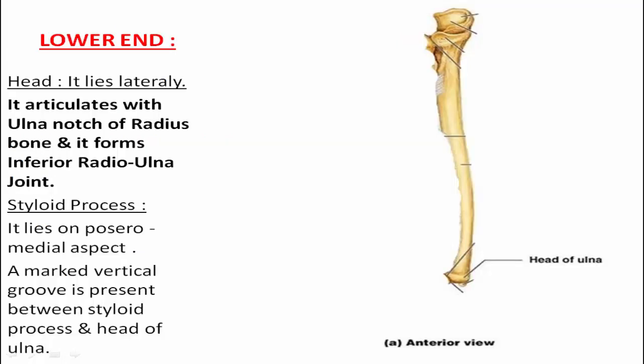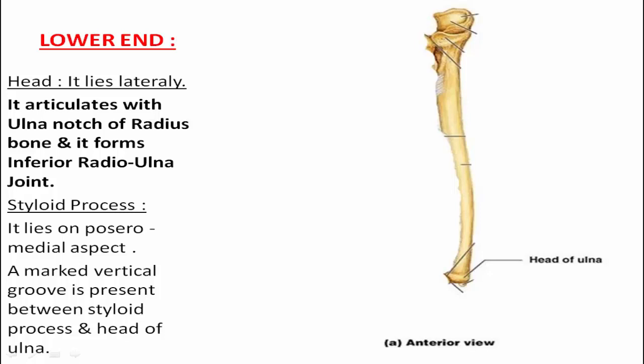Third part of the bone, that is the lower end, the head. The strange bone ulna, where the head is in the lower part. It lies laterally and it articulates with the radius bone, and it forms the inferior radio-ulnar joint.